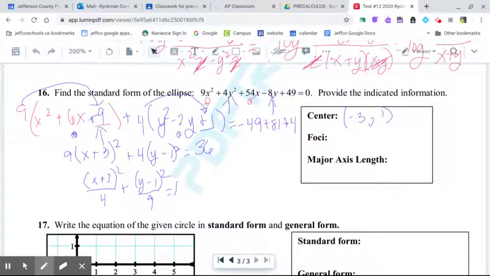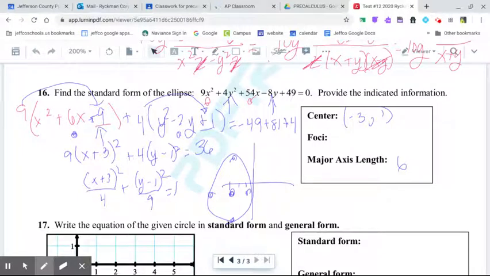The foci will come back to the major axis length. If I went left 2 and right 2 and up 3 and down 3, then you could see the major axis length would be 2 times the larger square root, which would be 2 times 3 or 6, all right?